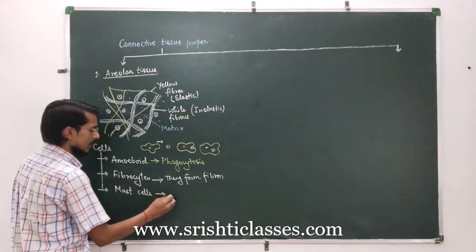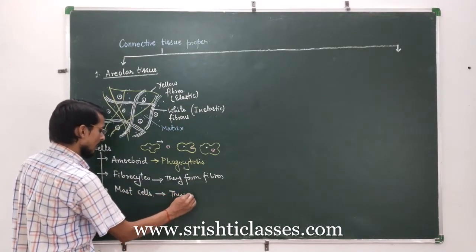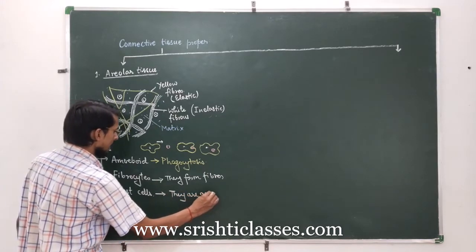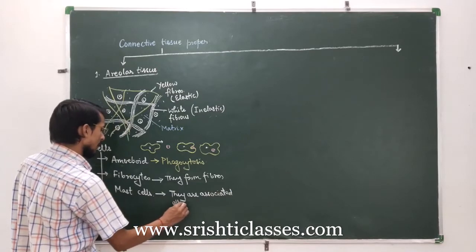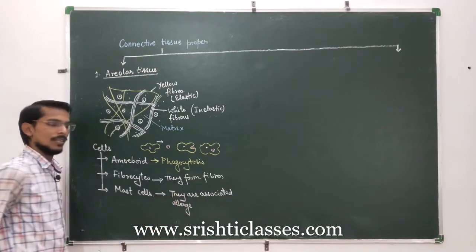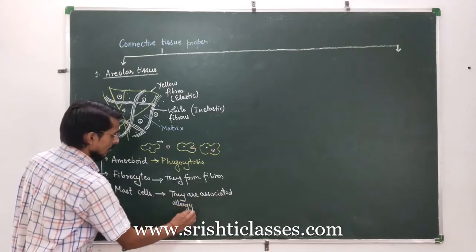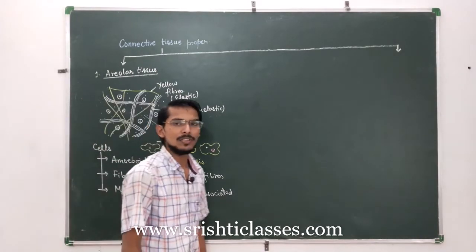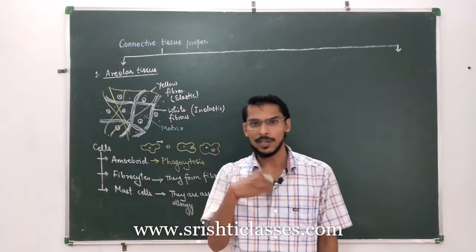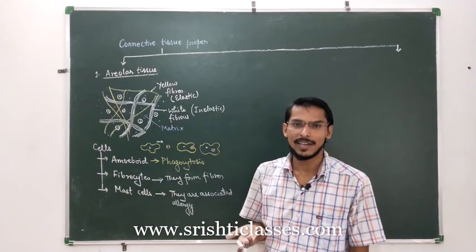And mast cells, they are associated with allergy. You must have heard this word, allergy. What happens during allergy? Whenever some harmful substance is taken into our body, it creates allergic reactions.